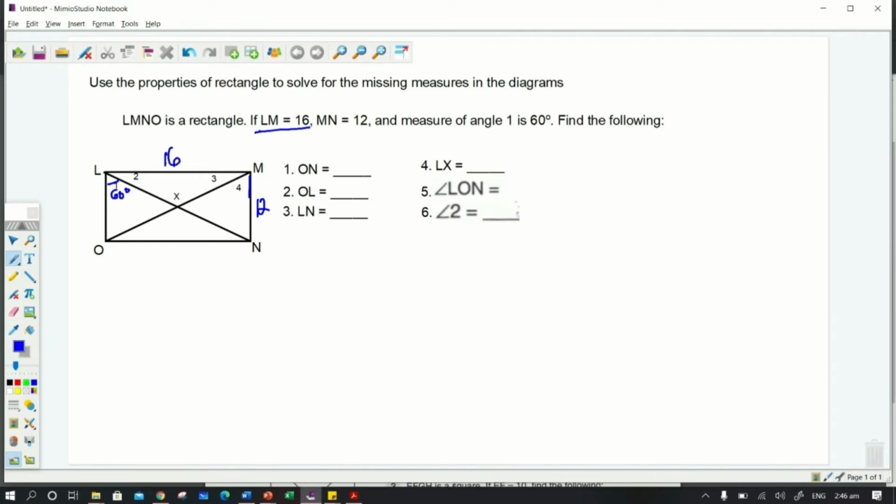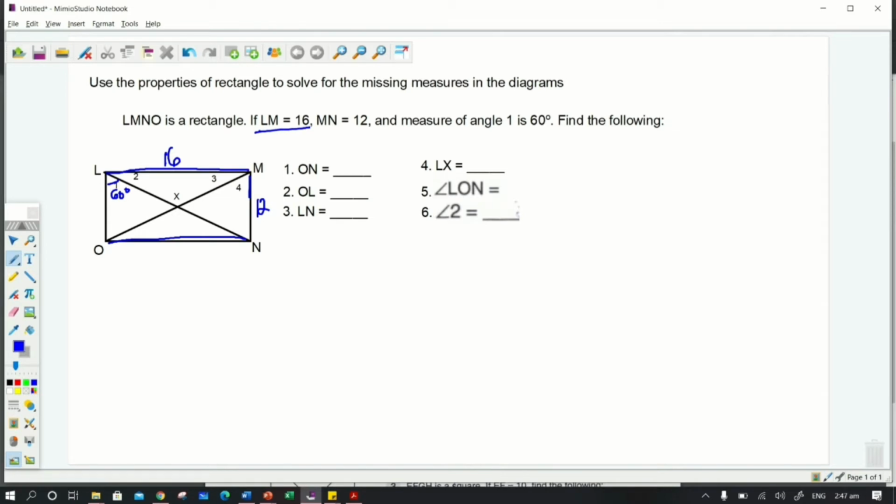So anong property yung pwede nating gamitin to find the measure of side ON? So kung babalikan natin yung properties of rectangle, pwede nating i-apply yung properties of parallelogram, which is also the property of rectangle. Sabi doon, opposite sides are parallel and congruent.